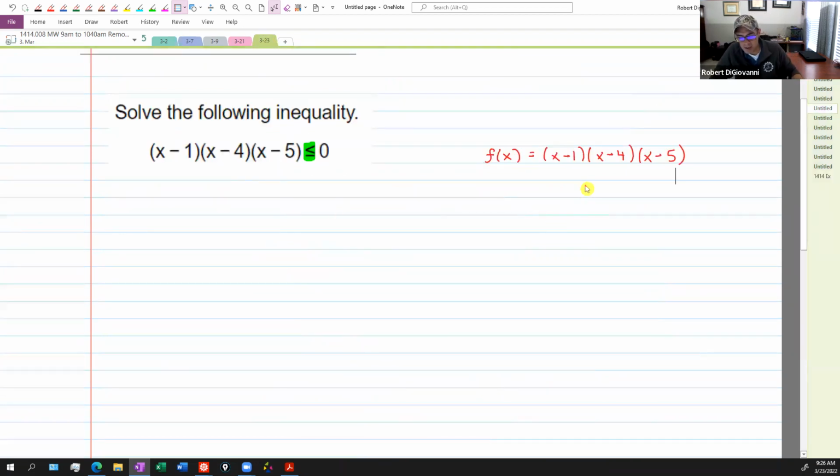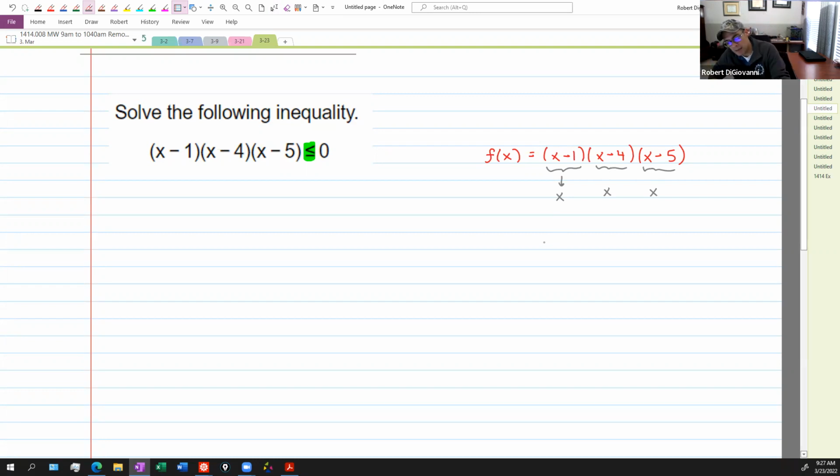So what I mean is this behaves like an x, because it's just x minus 1 to the first power. This behaves like an x, and this behaves like an x. So if I were to multiply all this together, which I don't want to do, I know that the highest power of x is x cubed.